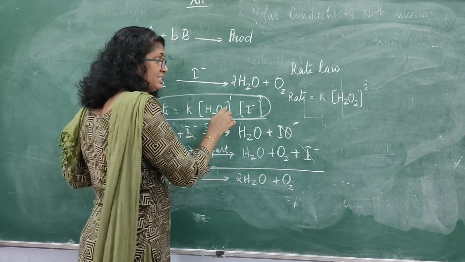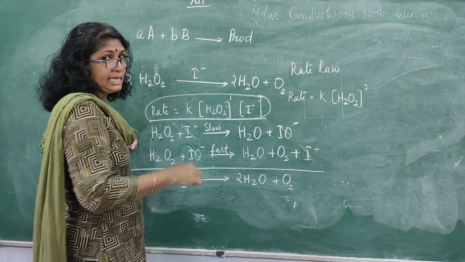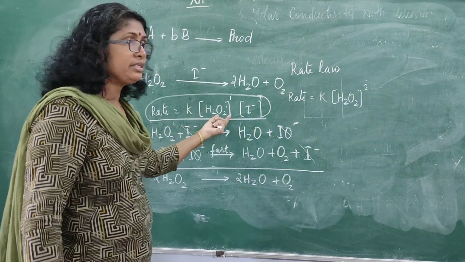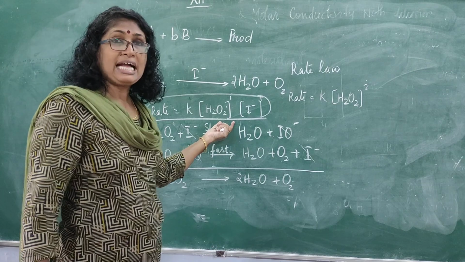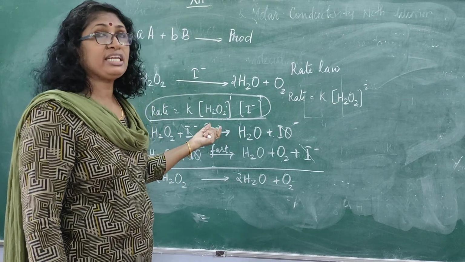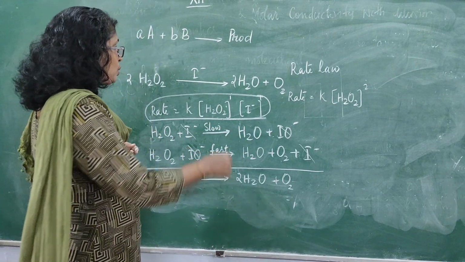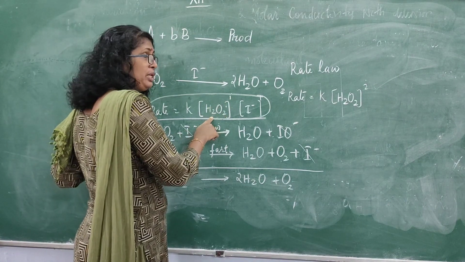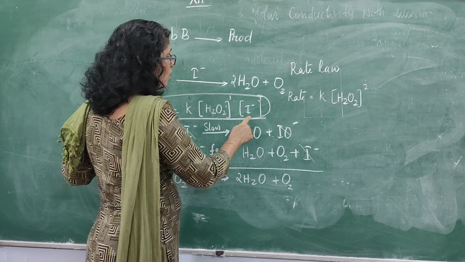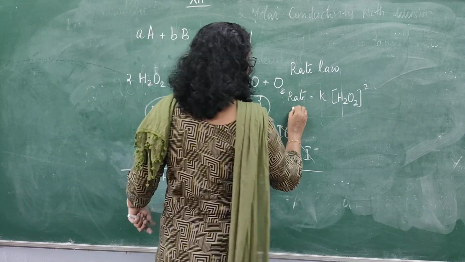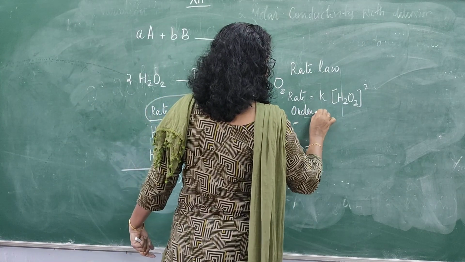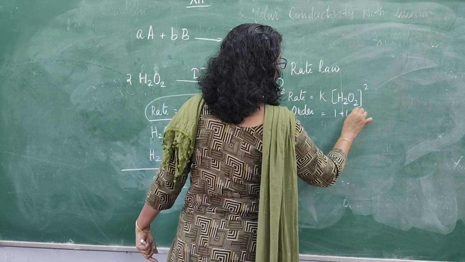And we call the power of the reacting substances in the rate law the order of the reaction with respect to that reactant. So the order of the reaction with respect to H2O2 is 1 and the order with respect to I minus is 1, and the overall order of the reaction is 1 plus 1, 2.